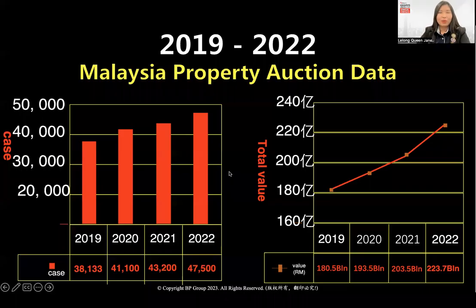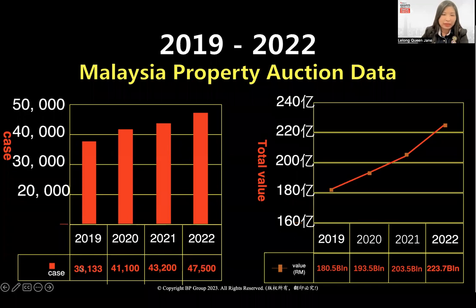Next we can see the Malaysia property auction data from 2019 to 2022. You can see this is increasing data.